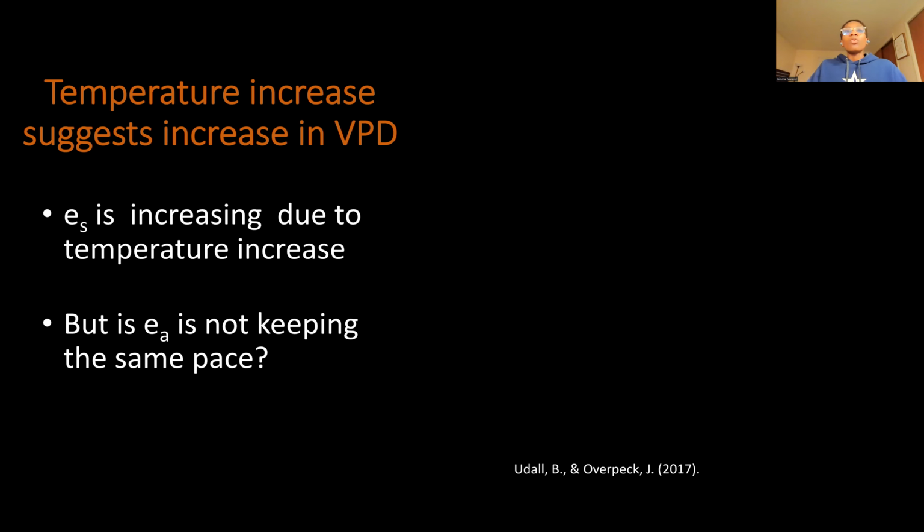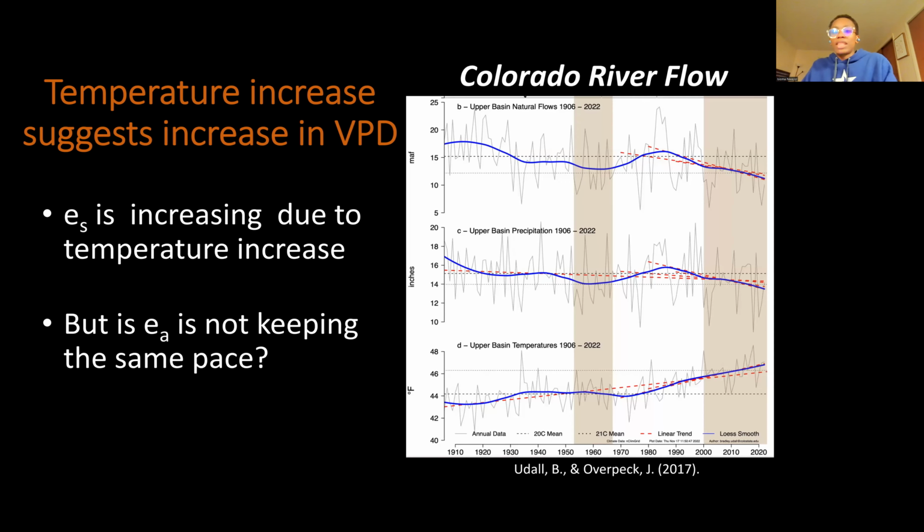But what we don't know is if temperature increasing at a place, also increasing saturation vapor pressure at that place, whether those same regions will also have actual vapor pressure increasing at the same rates as saturation vapor pressure. And that was why I brought up this study from 2017 that showed the Colorado River.